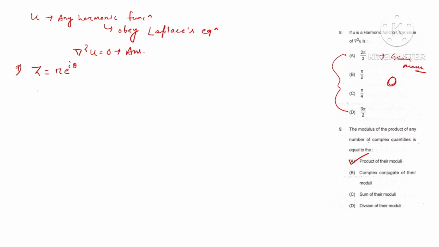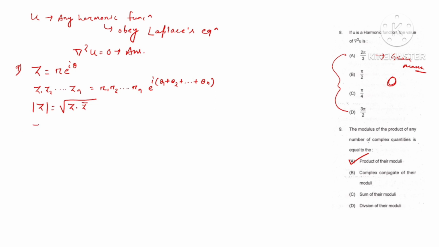Similarly, we can write z1, z2, up to zn is equal to r1, r2 multiplied up to rn, e to the power i times the summation, the addition of all the angles, plus theta n, right? And in complex analysis, you know the magnitude of z is given by the square root of z multiplied with its conjugate, right?